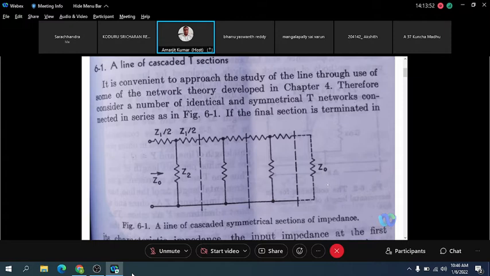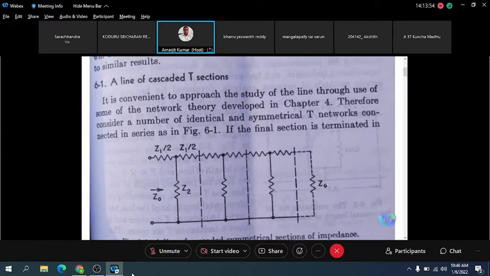So can you tell me what will be the input impedance? This is a network having a large number of cascaded T sections, suppose 1, 2, 3, up to n number of cascaded T sections.